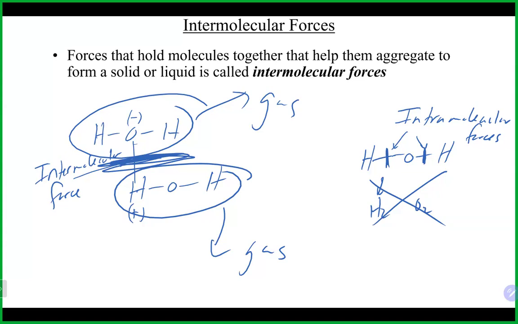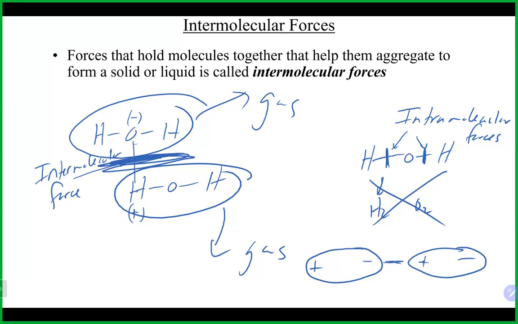It's a pretty simple idea of how molecules basically interact with each other. The positive side of one molecule is frankly attracted to the negative side of another. Pretty much all intermolecular forces basically work on that simple principle, positive and negative attraction to one another.